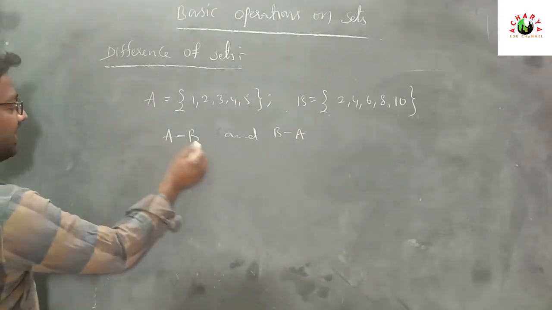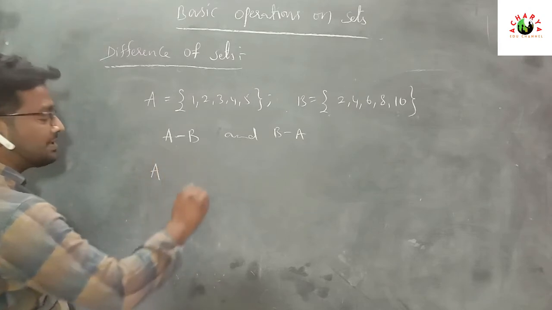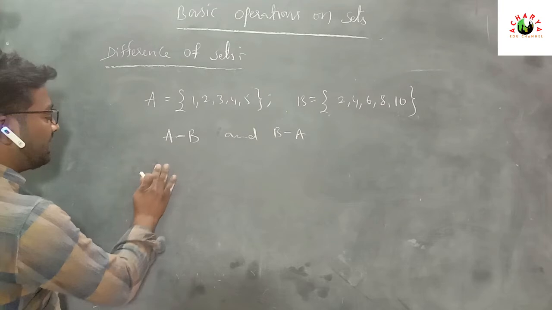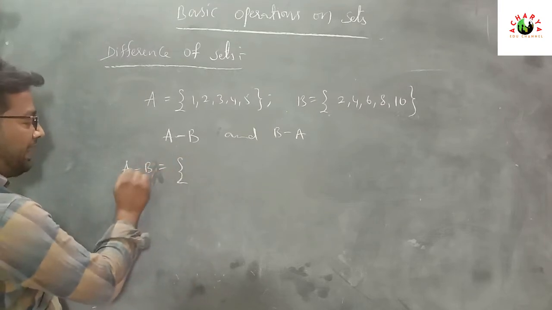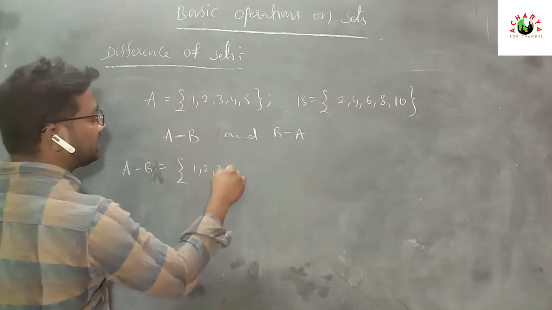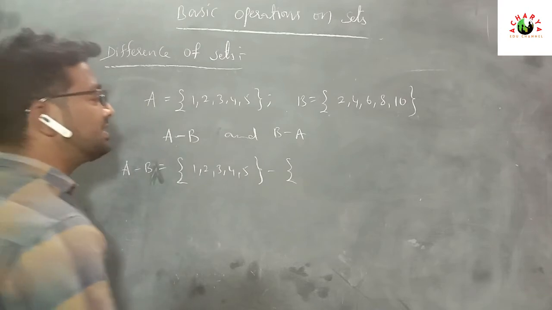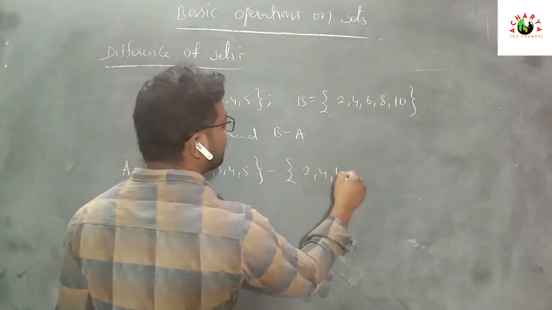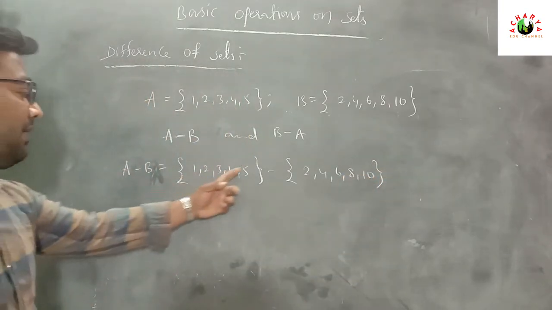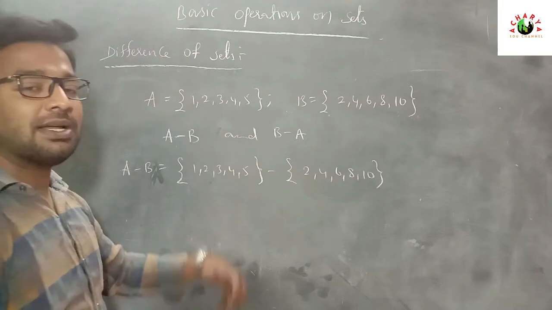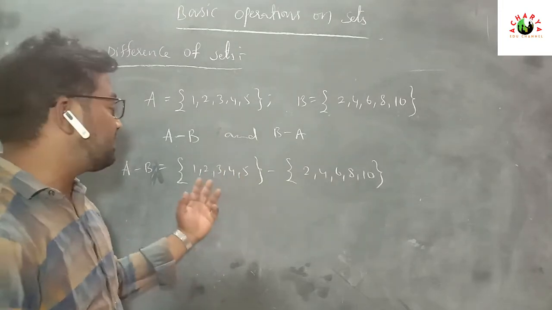When we are doing A minus B, we take the elements of set A minus the elements of set B. So A minus B is equal to, first we write the elements of set A, 1, 2, 3, 4, 5, minus the elements of set B, that is 2, 4, 6, 8, 10. The next step is we have to cancel the common elements of both sets.